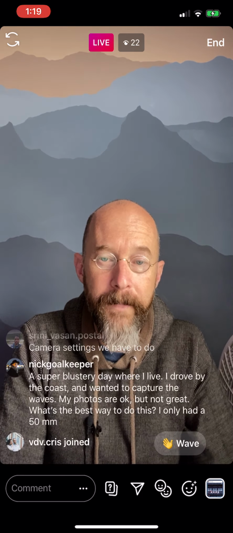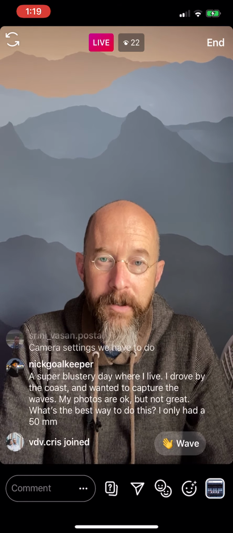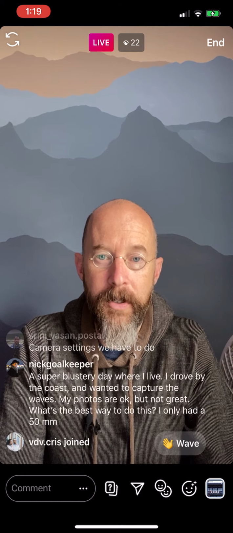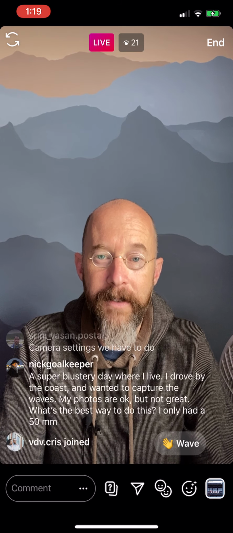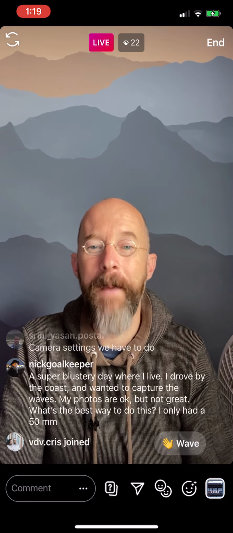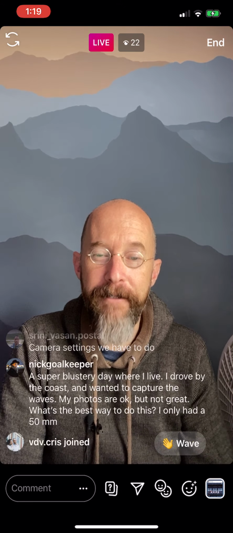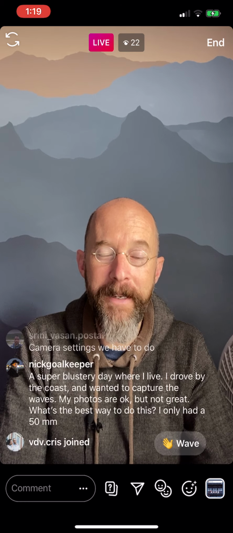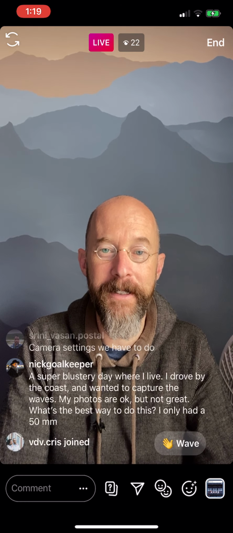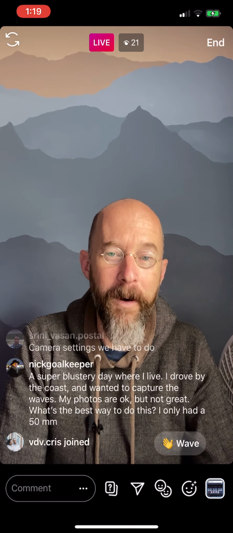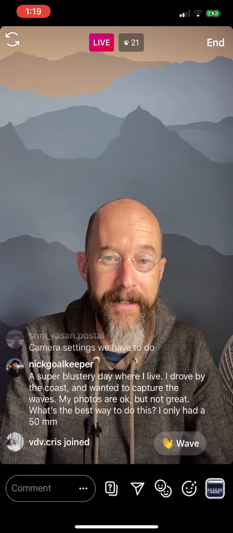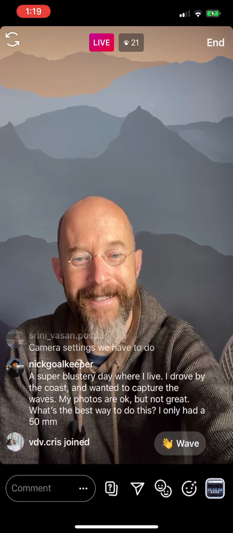For example, way back in the day, we used to have 3 megapixel cameras very early on. And a 3 megapixel camera from like 15 years ago or more is still more resolution than you're going to see on your Instagram feed. So don't worry about it.